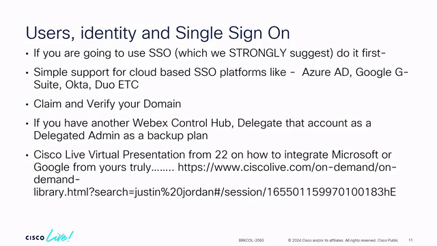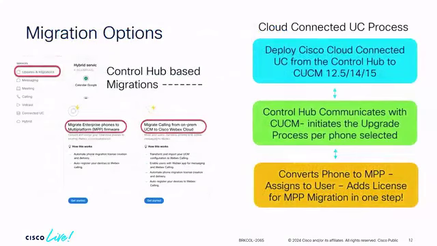So let's talk a little bit about migration options, okay? Migration is the biggest roadblock or potential speed bump that you might have in moving from CUCM ultimately to Webex Calling. This is something that we have been extremely hyper-focused on at Cisco. We've built a lot of tools. We have a lot of third-party company tools that we've helped them build.